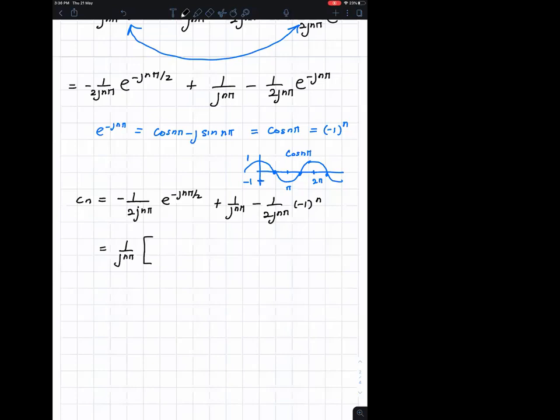Pull out, you get 1. And pulling this one out, you get 1 minus 1 half minus 1 to the power of n, and then minus 1 half e to the.